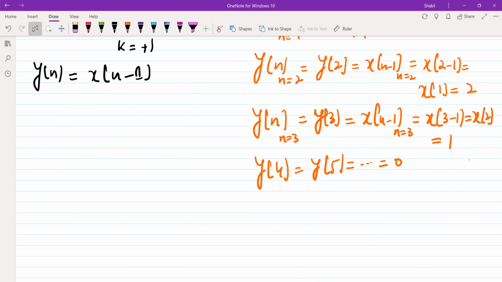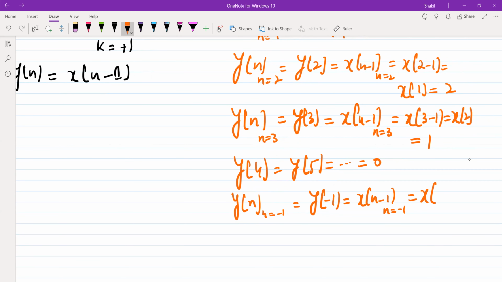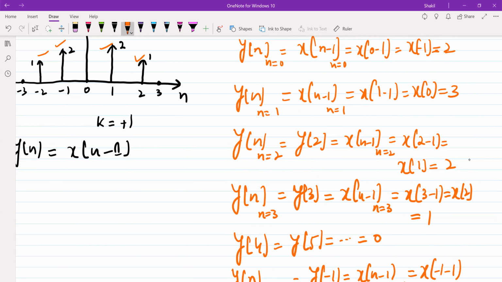Now let's calculate y when n is negative. So y of n when n is minus 1 will be equal to y of minus 1, which is the same as x of n minus 1 when n is minus 1. So this will be x of minus 1 minus 1, which is simply x of minus 2. X of minus 2 from the given sequence is equal to 1.